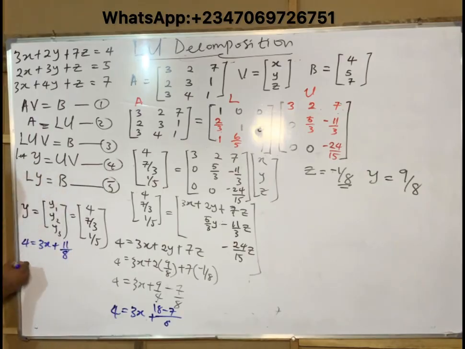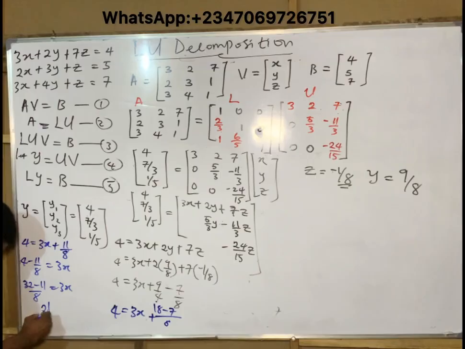I have 4 minus 11 over 8 equals 3x. LCM here is 8. 8 times 4 is 32, minus 11 over 8 equals 3x. 32 minus 11 is 21. 21 over 8 equals 3x.